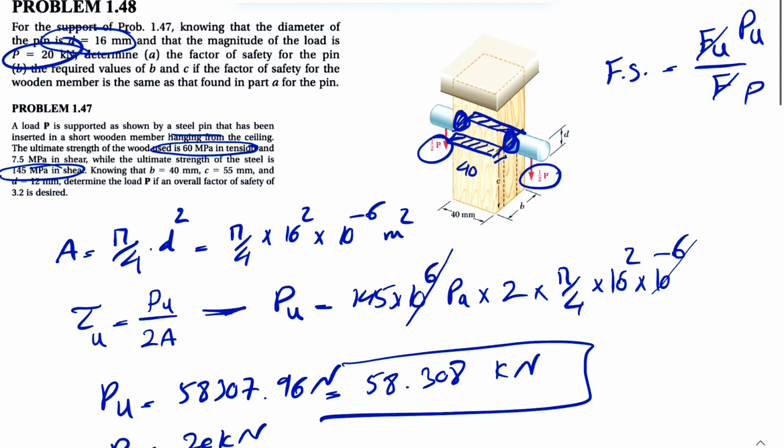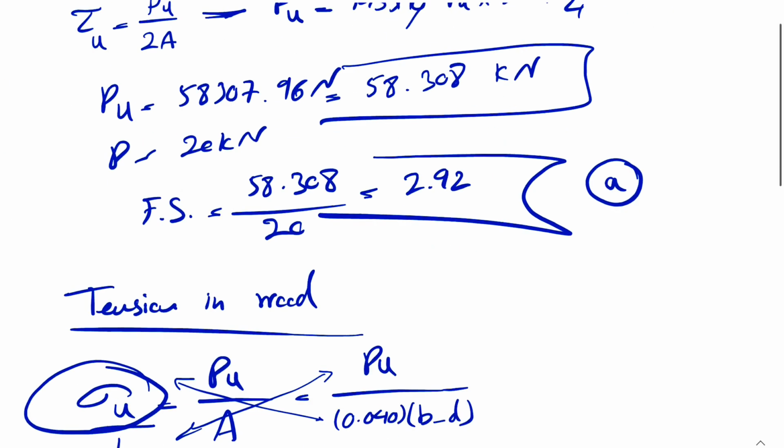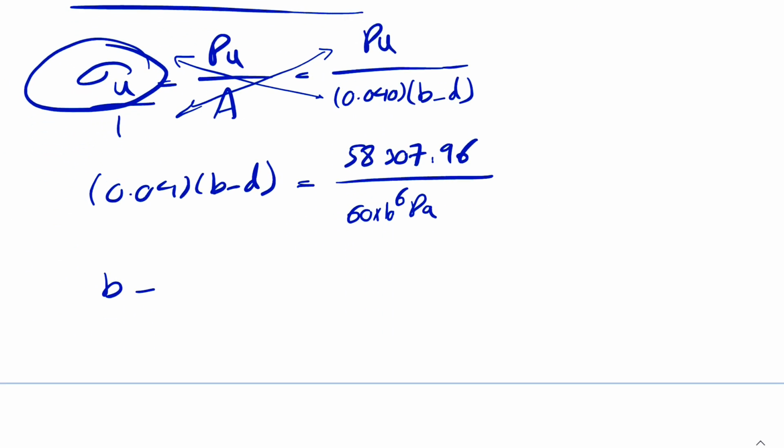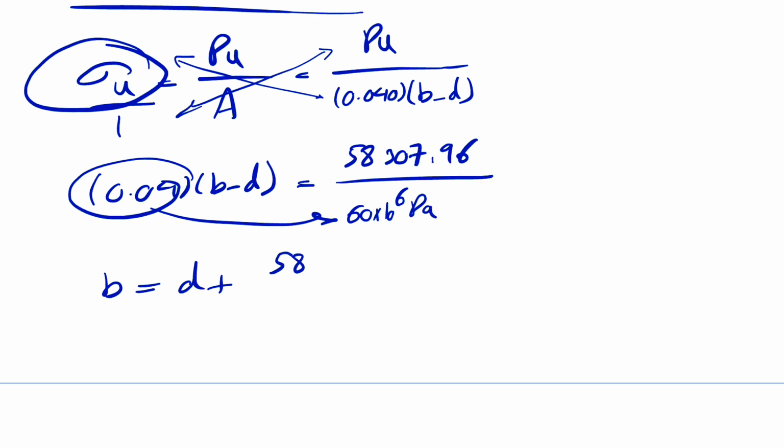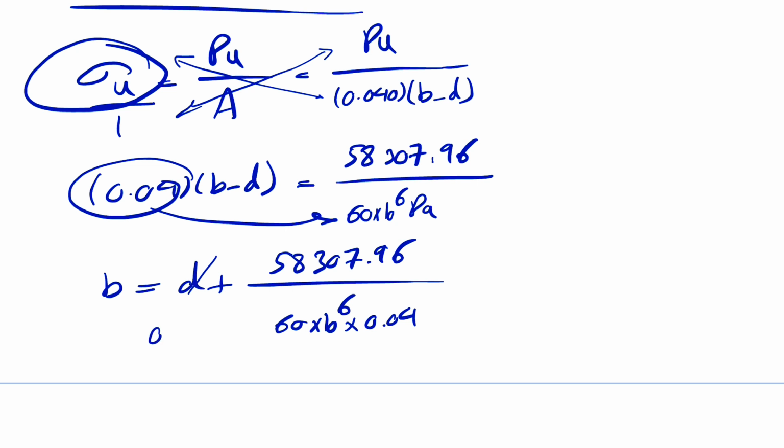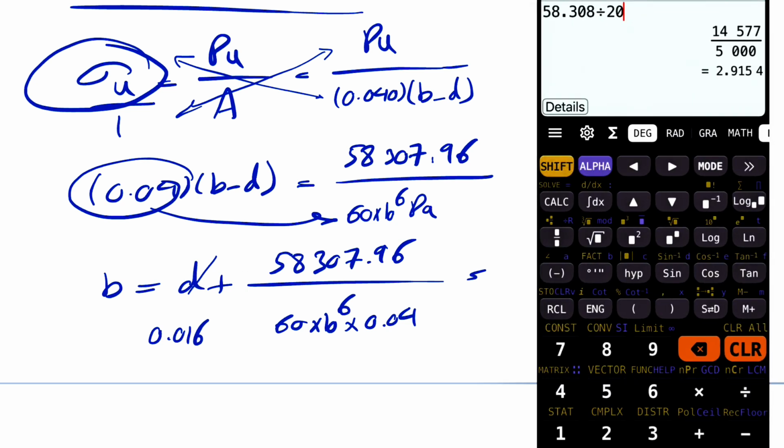And also the diameter is known in the question. We have D as 16 millimeters, so B would be D plus 58,307.96 divided by 60 times 10 to the 6 times 0.04. Also our D is 16, so 0.016. And let's calculate this.